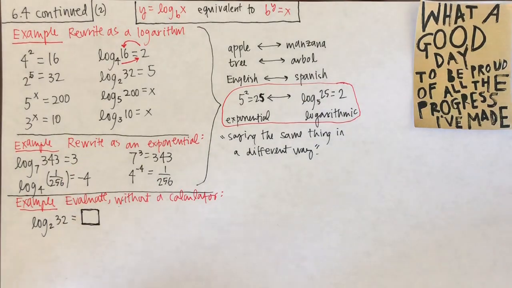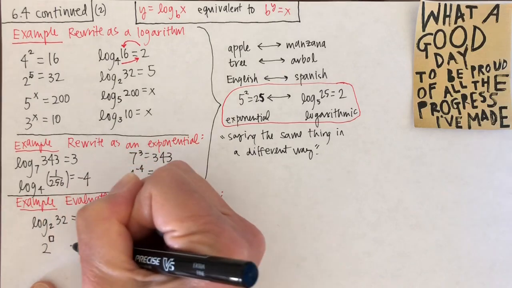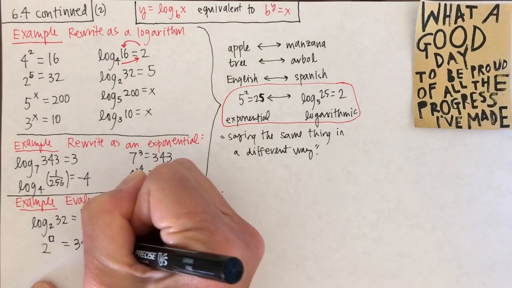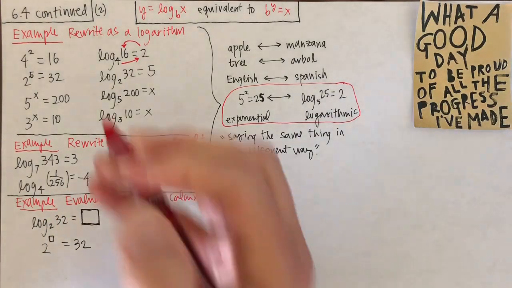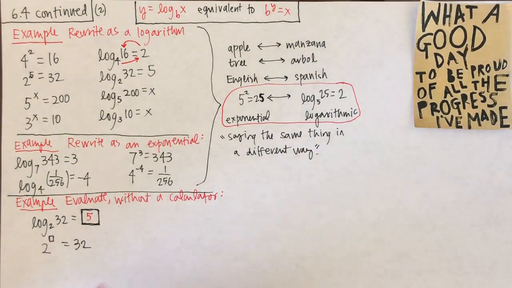All right, the way logarithms work is I know that this little number raised to this power has to equal this number. So 2 to what power equals 32? Well, this must be 5. And I've just evaluated that logarithm.